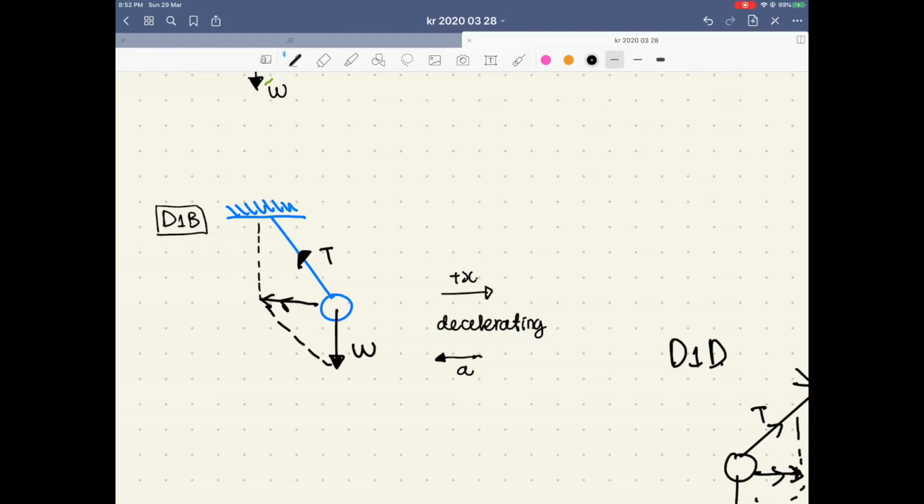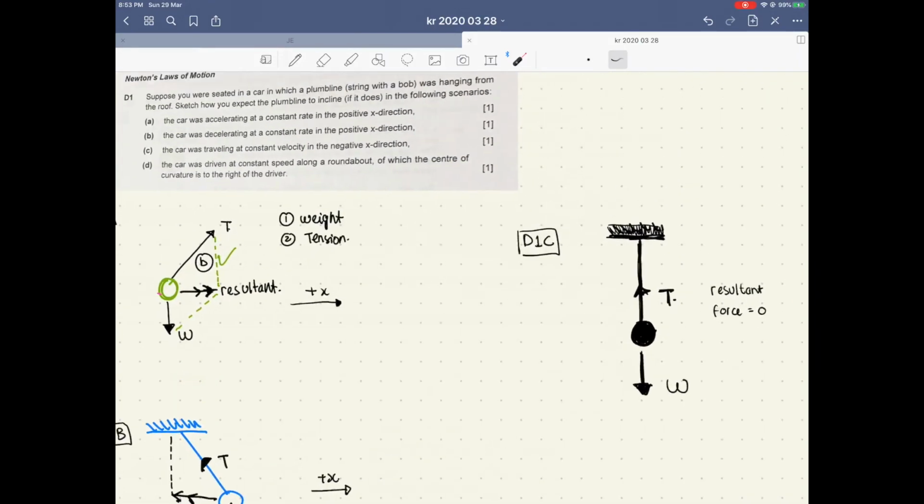Your resultant must be pointing to the left. See, I draw the resultant pointing to the left because the acceleration is pointing to the left also. The weight is confirmed going down. Tension must be slanted up and slightly to the left. Otherwise, the resultant won't be to the left. Very simple.